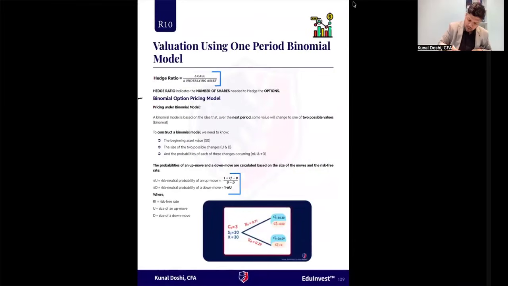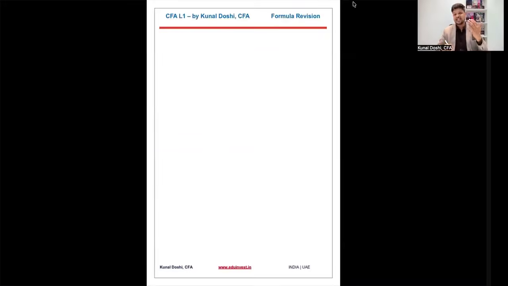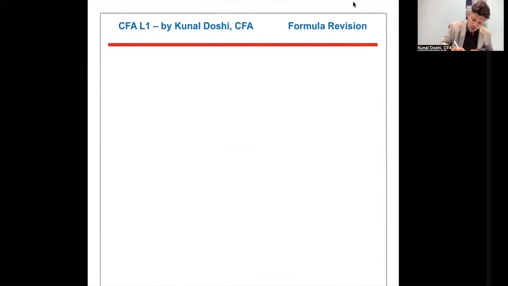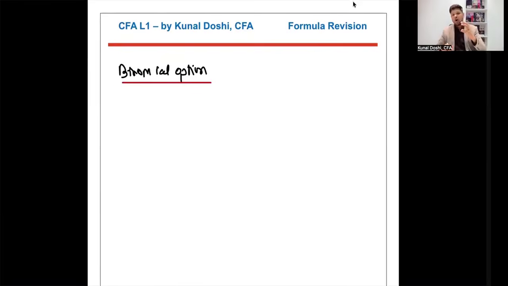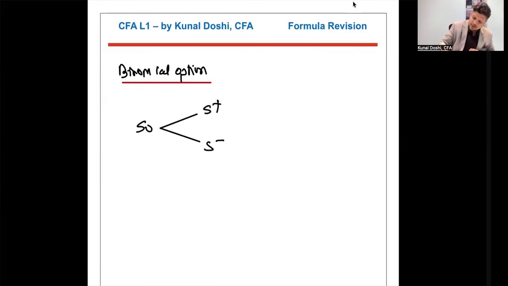Now comes the most important thing of this topic: the binomial model and hedge ratio. First of all, I will discuss what the binomial option pricing model is. Under this, we find the value of call or put. Let's say we have the spot price, and then we find out what will happen if the prices go up or if the prices go down.